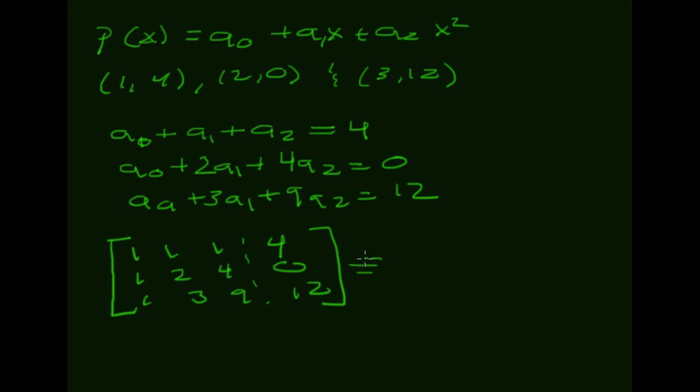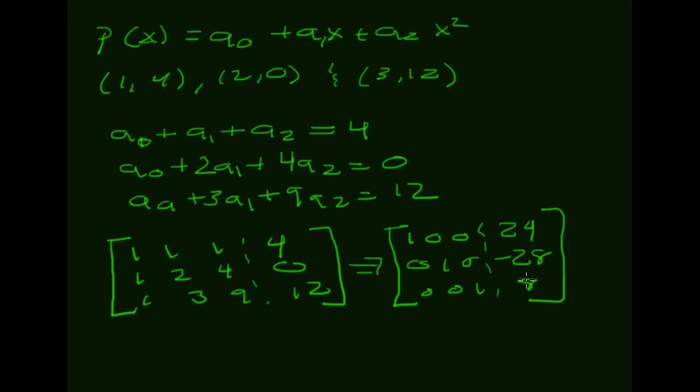Using my data points, I can put that into an augmented matrix. 1, 1, 1, 4, 1, 2, 4, 0, 1, 3, 9, 12. And I can go ahead and do Gauss-Jordan on that. And that happens to come out, well, this should be 100100001 because it's going to have a unique solution. And the numbers come out as 24, negative 28, and 8.